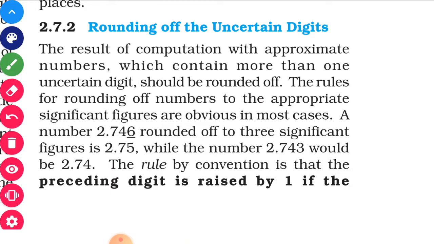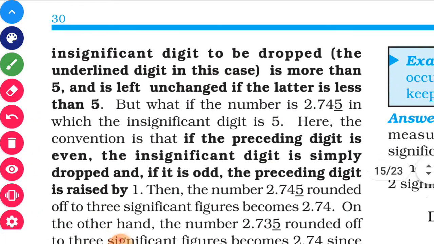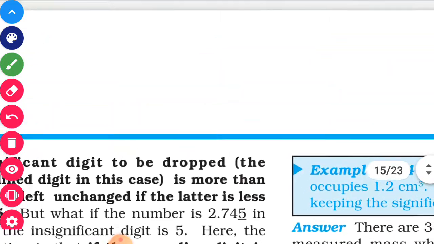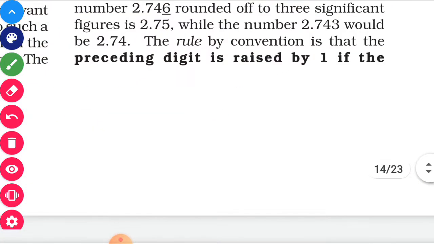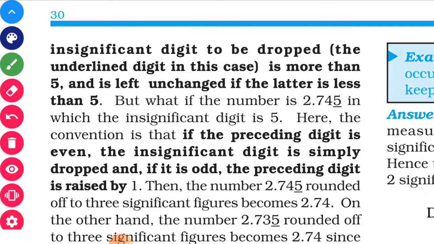The rule by convention is that the preceding digit is raised by 1 if the insignificant digit to be dropped is more than 5, and is left unchanged if the latter is less than 5.